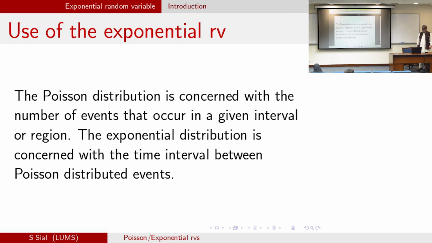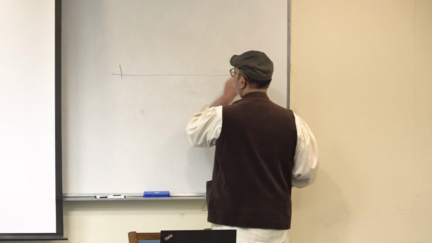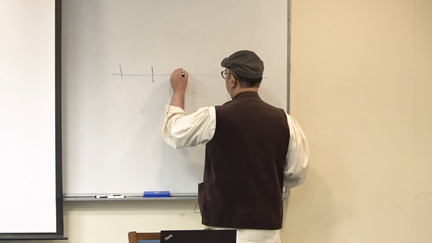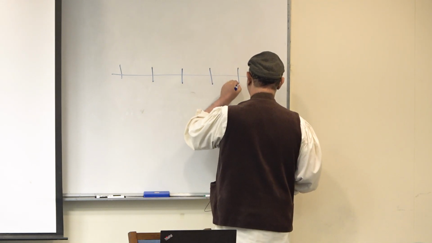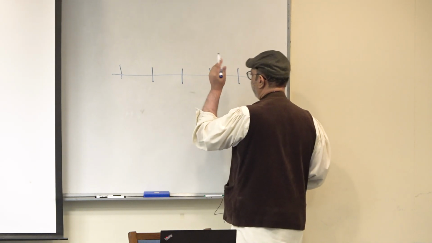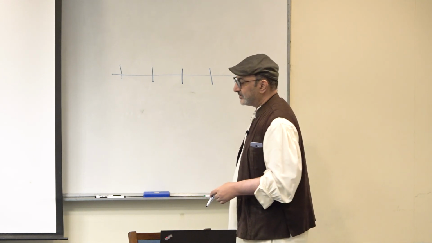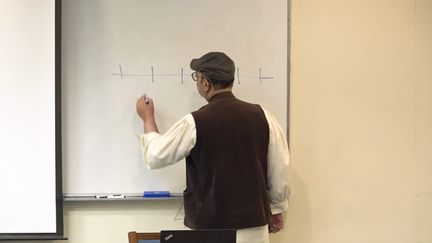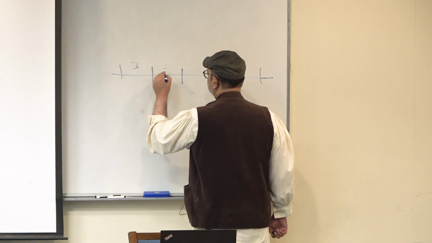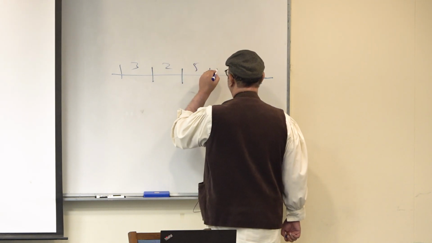The Poisson distribution is concerned with events that occur in a given interval or region. So I can imagine a timeline, and I break it up into, I don't know, maybe 5-minute intervals or whatever. And now you're concerned with, well, 3 occurred in this time, and 2 in this time, and 5 in that time, and so on.